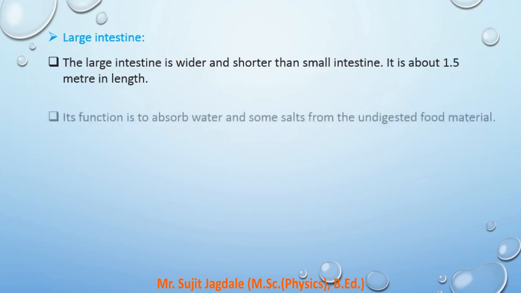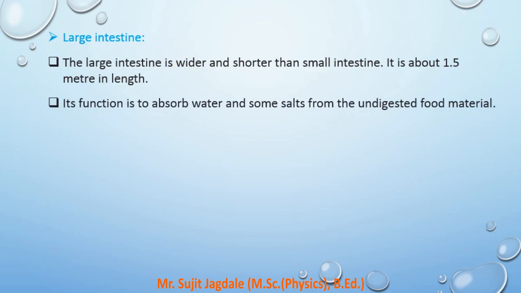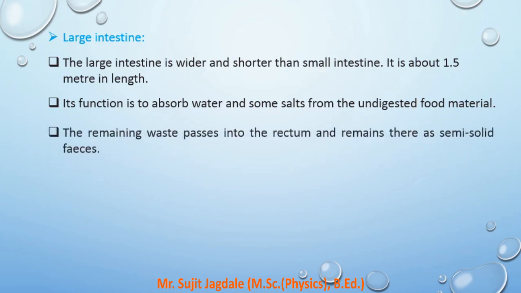What is its function now? To absorb the water and some salts from the undigested food material. If there are still some salts or water present in the undigested food, that is absorbed by the large intestine, and the remaining waste is passed into the rectum and remains there as semi solid feces.